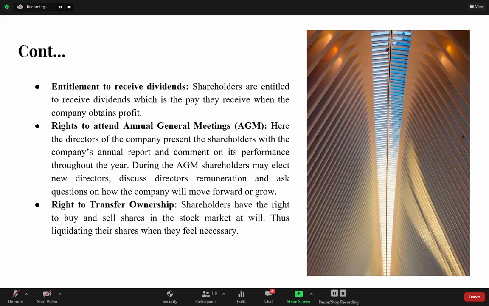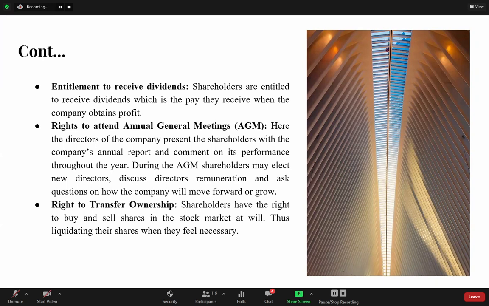And also the other rights, that's the entitlement to receive dividends, which I defined earlier as a portion of the company's earnings. The shareholders have the right to receive the dividends, and also the right to attend the annual general meetings, which are gatherings of the company's shareholders, whereby the directors present the company's annual report and comment on performance through the year.